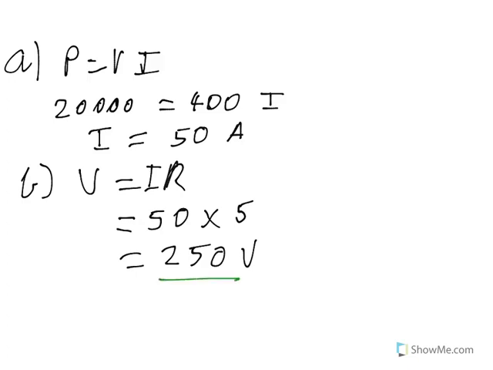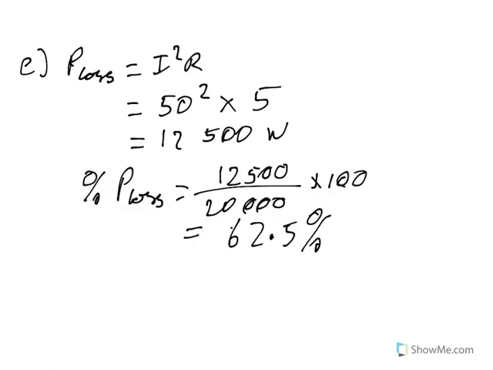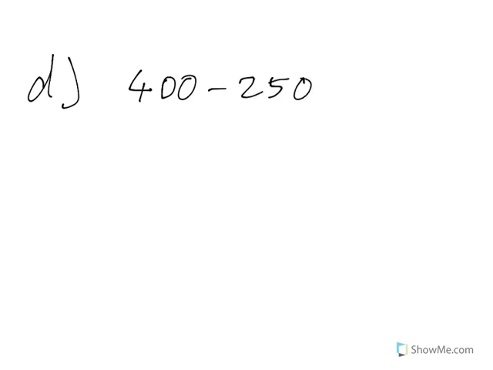So the voltage we've got left for our lighting is 400 minus 250, which is 150 volts. At 150 volts left for the lighting, that lighting's probably not going to be working too well, given that they're 400 volt lights.